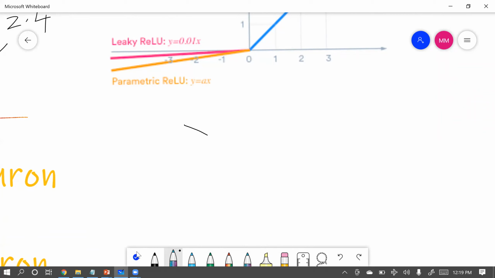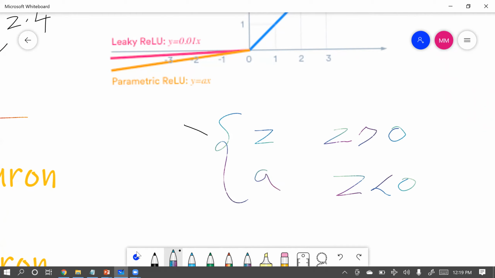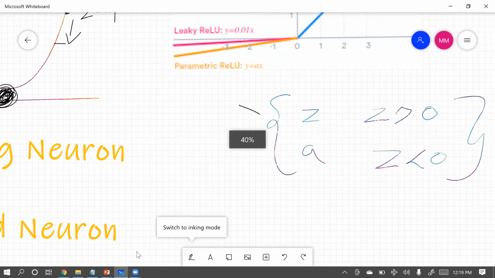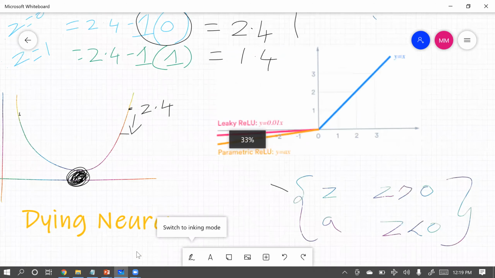Leaky ReLU: if z is greater than 0, we give the z value itself. If z is less than 0, then we add a parameter to it, which is nothing but a. Just consider parameter a.